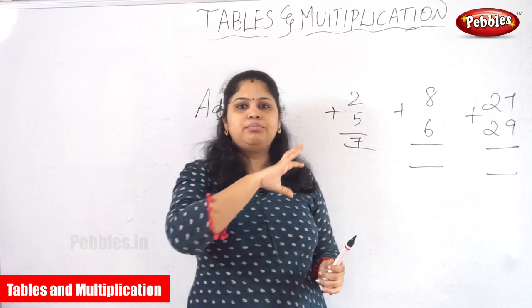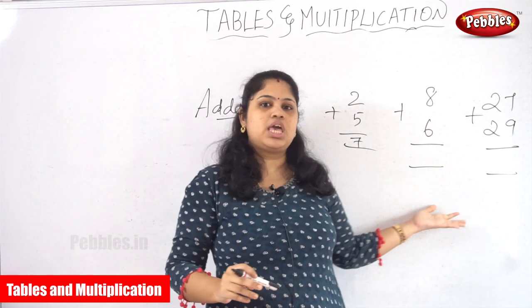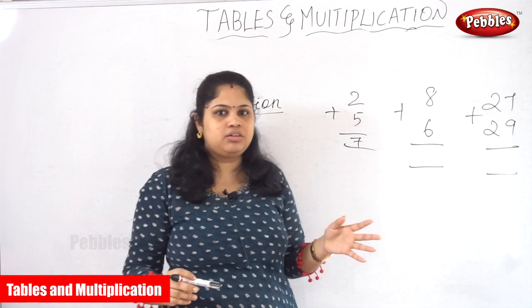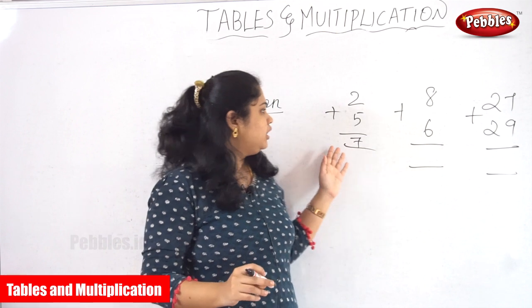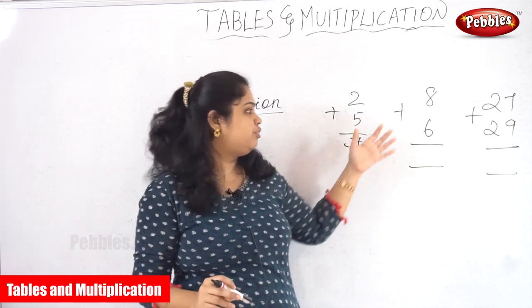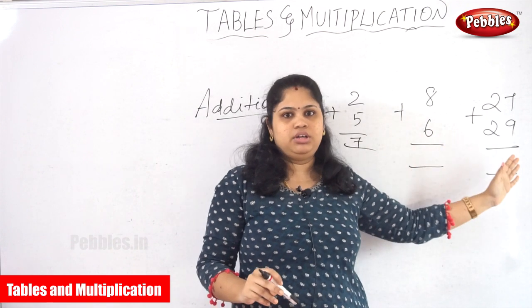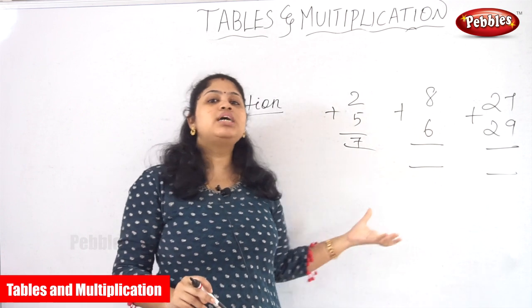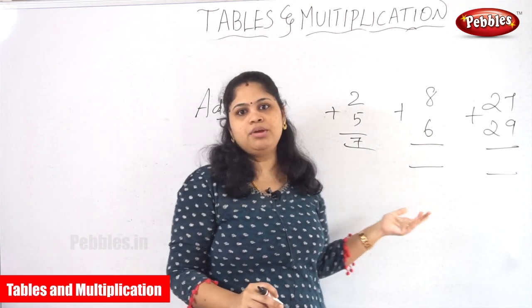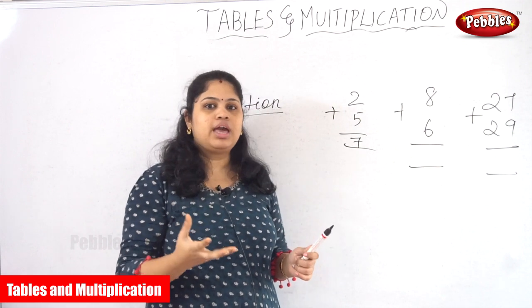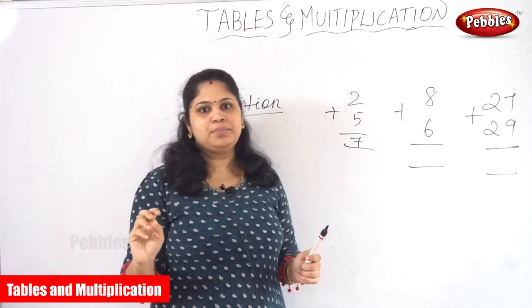So what I wish to say is that even though addition is the simplest calculation format, you find it difficult when going for larger numbers. So what is the solution? We can find a solution like pairing of numbers.